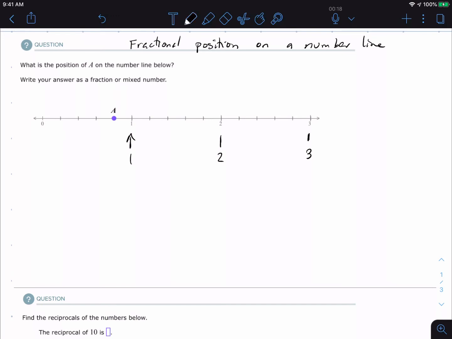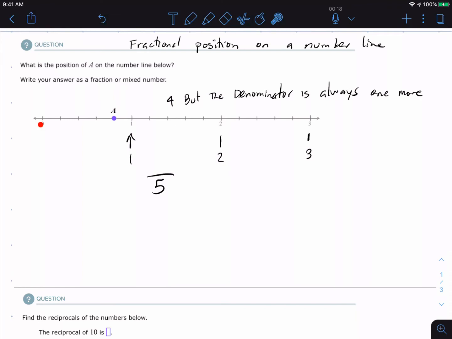Okay, so how many dashes do we have? We have 4 dashes, but the denominator is always 1 more. So I know that my denominator is going to be a 5, and then we have to start with our position.